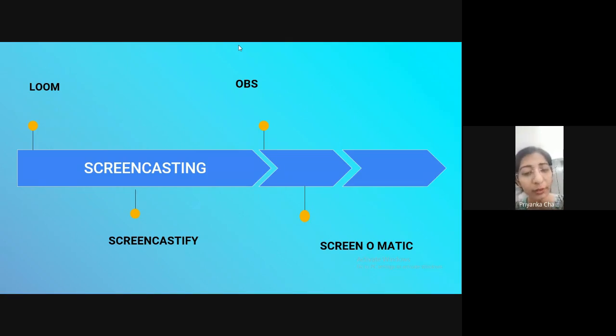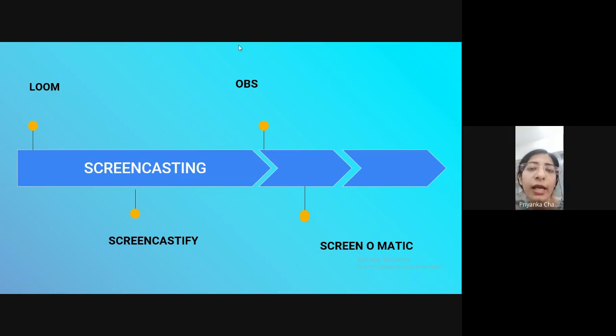This is the most important part to make your content in a proper way. That is, this is the video content. Suppose you want to record something and you want only your audio to be there, or you want your audio along with your video to appear over there, then you can use this video content like Screenomatic, Screencastify, OBS, Loom.